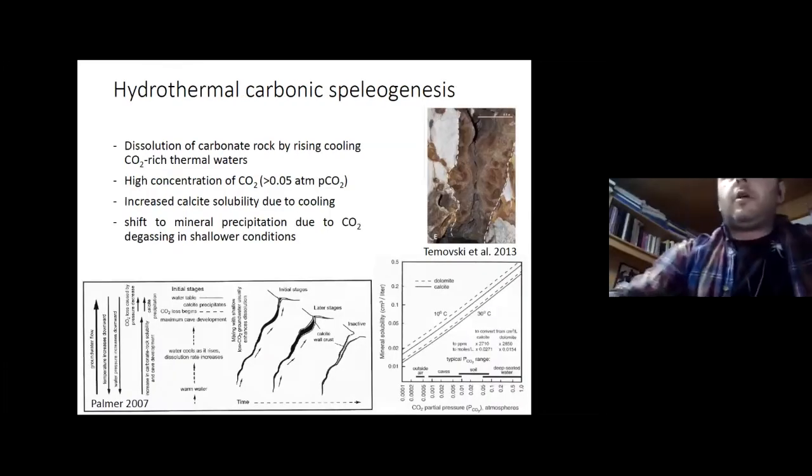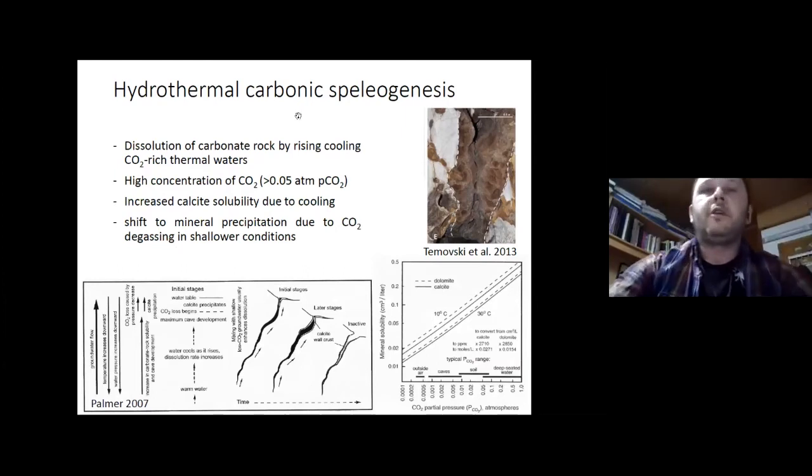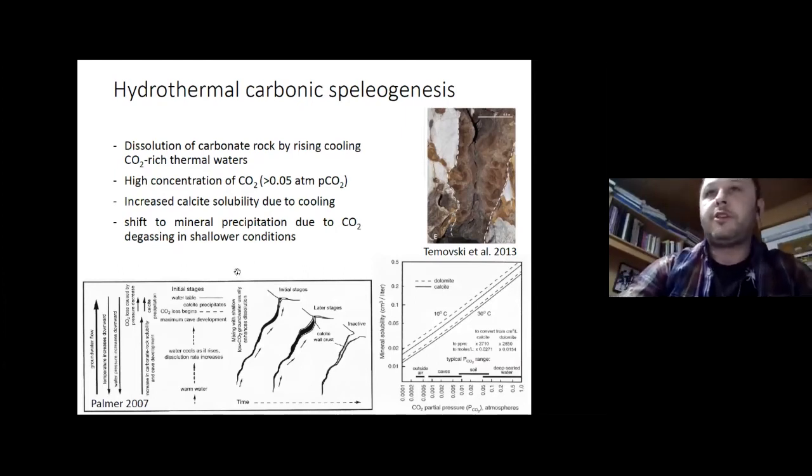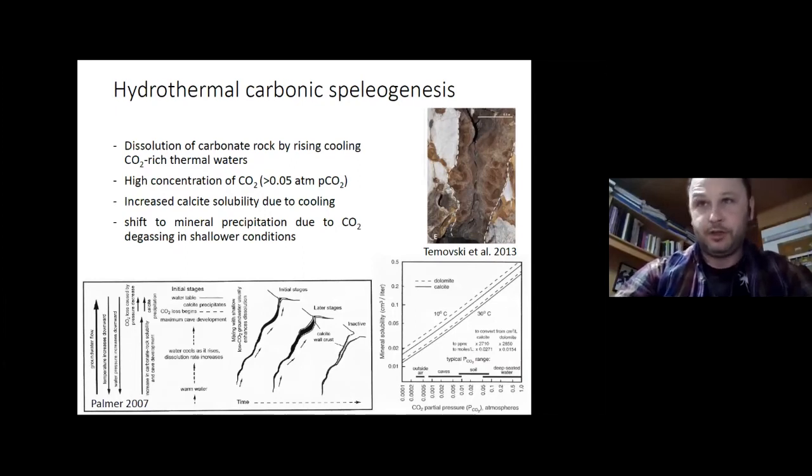I will talk a bit more in detail about this hydrothermal carbonic speleogenesis, this type of hypogene karst. It's more common of these two main ones which I mentioned already. It forms by dissolution of carbonate rock by rising thermal water.